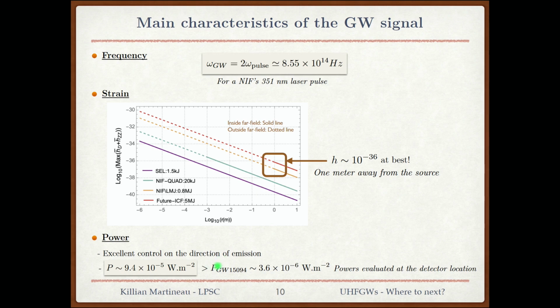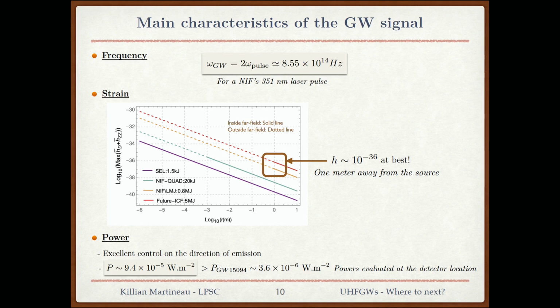I also write down something in here, a comparison that I find amusing. If you look at the power that is radiated by the system, so if you put a detector close to the source, and if you compare this power to the power associated with the first gravitational wave event, you find that those two powers are comparable. Maybe you can go even a bit at bigger values.